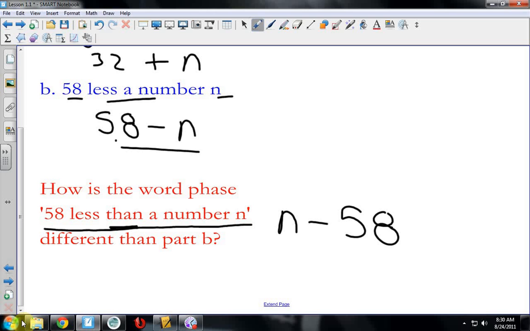So that one's the only one that you need to be aware of and make sure that you don't get caught up on it, okay? So less than means you need to flip-flop them. Less means it's okay, right? Now I know it sounds a little bit confusing. Why isn't it all the same? It's just the way that the wording is and the way that it has to be, okay? So just be aware of that.